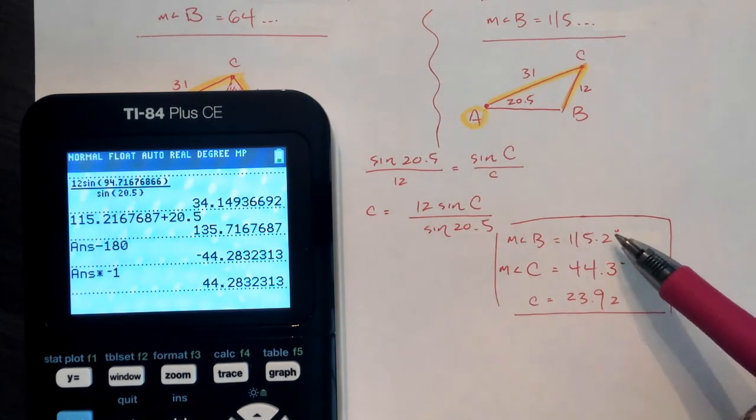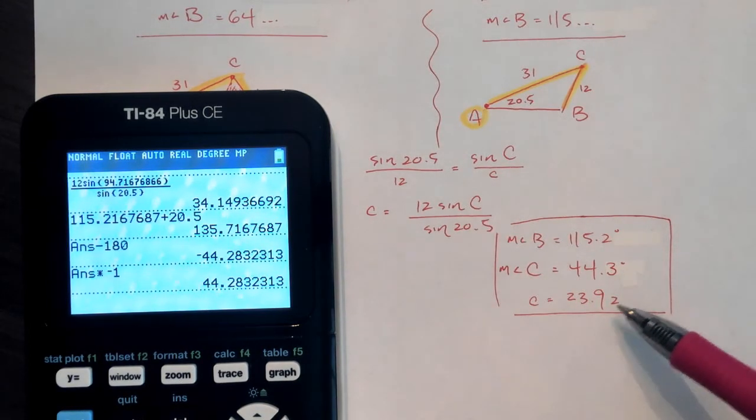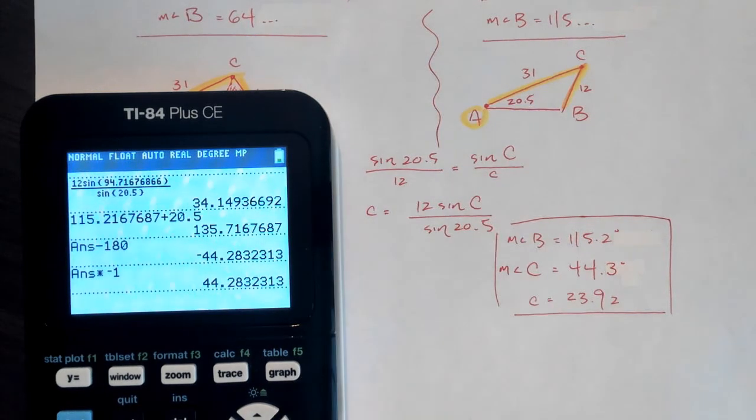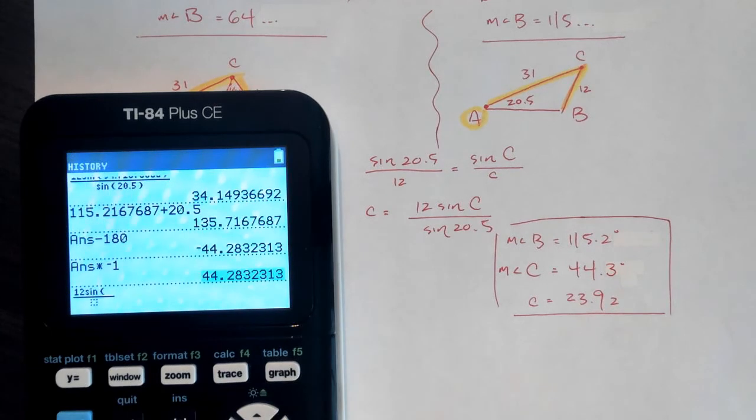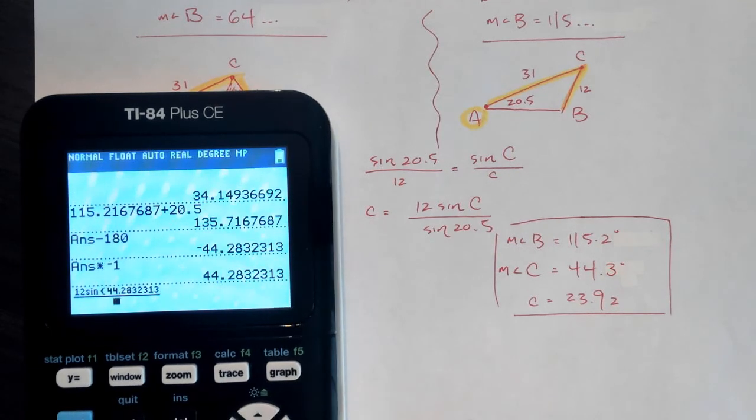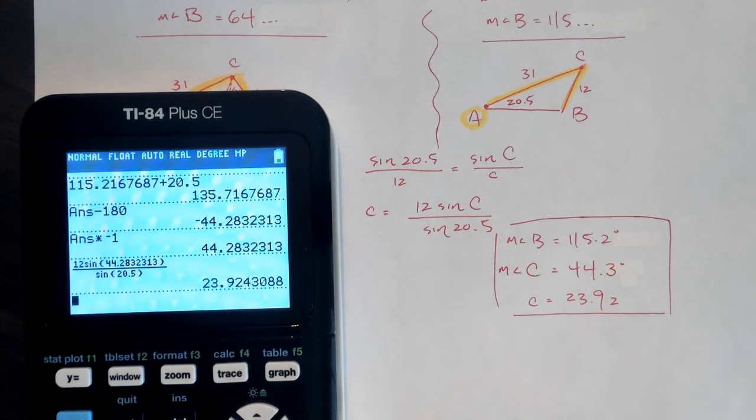So now I have this, I have this. I'm going to find my last little c by using this equation. Again, I'm going to go ahead and do my fraction, and then 12 times the sine of, grab that angle, divided by the sine of 20.5 equals, there we go.